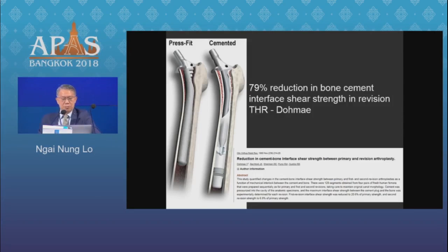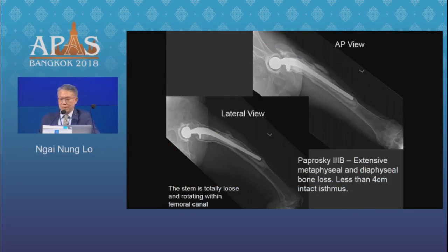And this old paper by Dome and Castillo shows that there's almost 80% reduction in the bone cement interface shear strength when we tried after one revision, and by the time you do a second time, it's even worse because you really don't have that cancellous bone for you to interlock your grouting cement into the cortex. All you have is a sclerotic tube. So because of this, and because of the desire that we're hoping for perhaps biological ingrowth and healing proximally, the tendency is to use cementless stems.